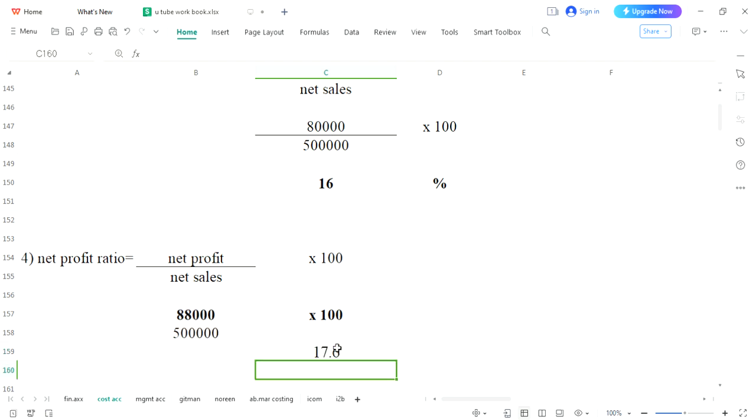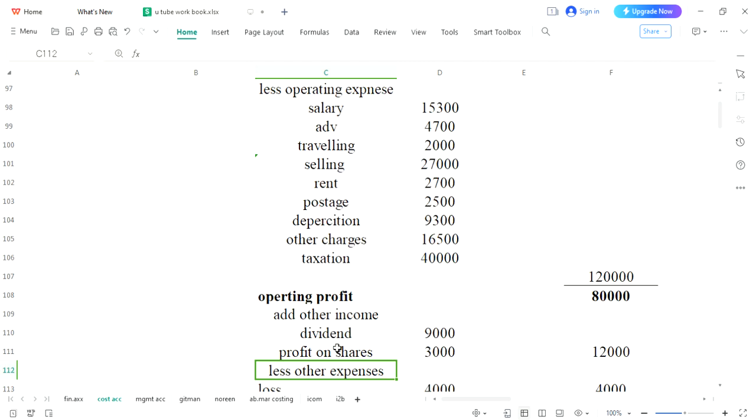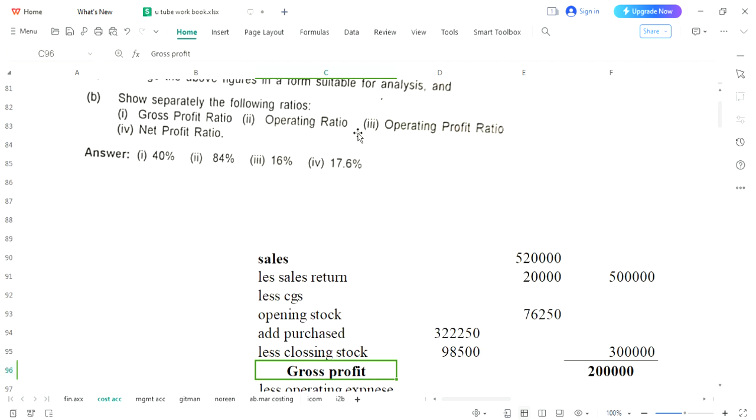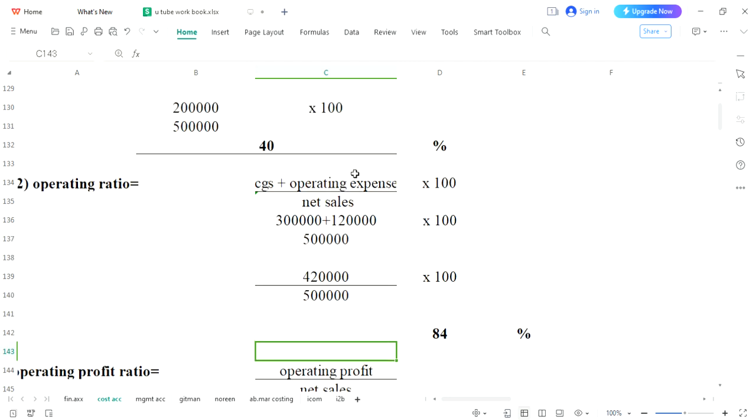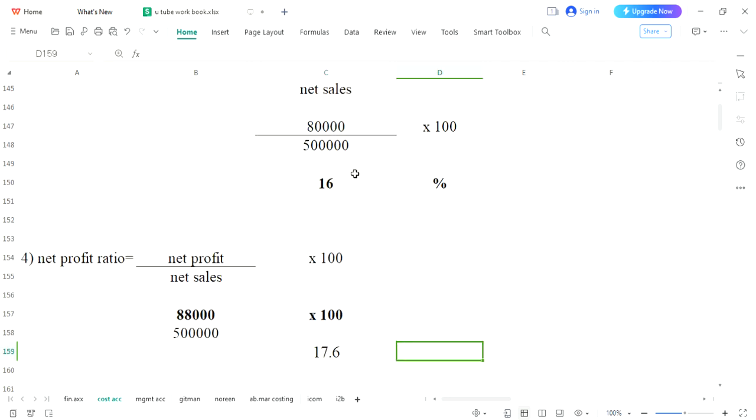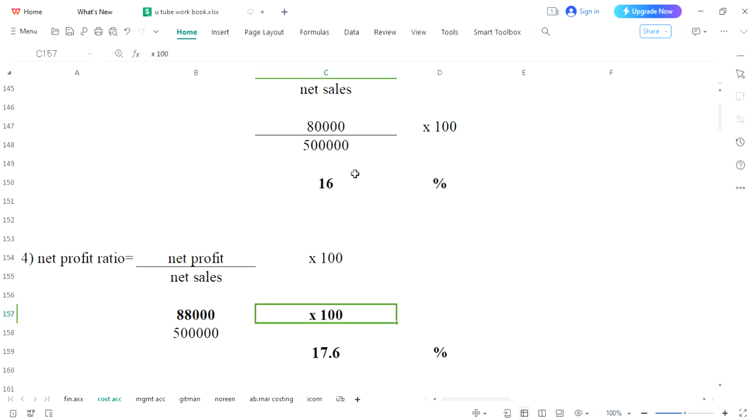So we have got 17.6. Alright guys, look at here, 17.6 is our answer. So in this way, net profit ratio is also calculated in terms of percentage. We have completed our question. Our divisor is needed, so let's put it over here.